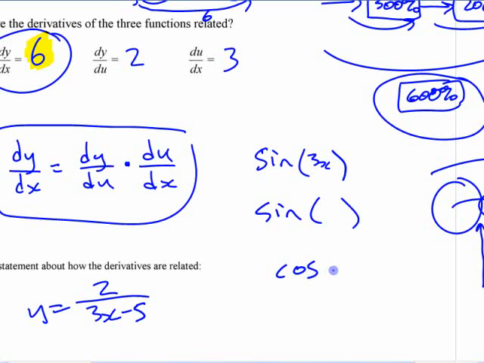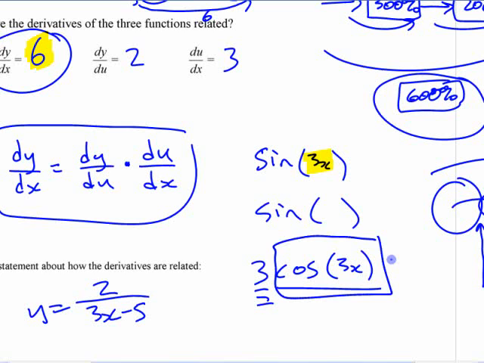Cos of that something, which you could put in there, right? It's cos of 3x. But you have to multiply it by the derivative of the inside function now, which is 3. So in that video, it's going to say the derivative is 3 times cos 3x, not just cos 3x. You have to do the derivative of the inside.